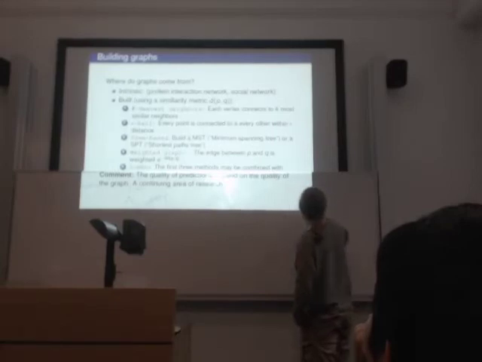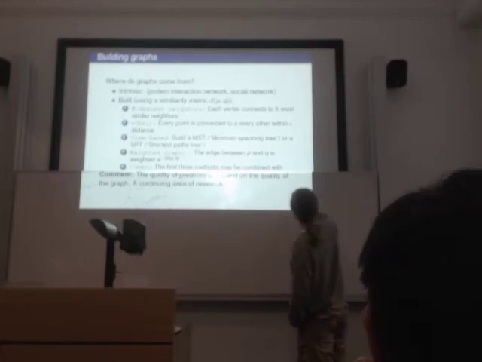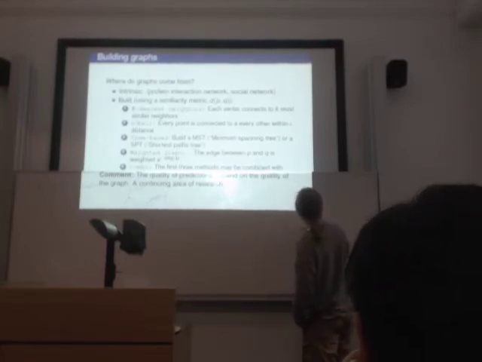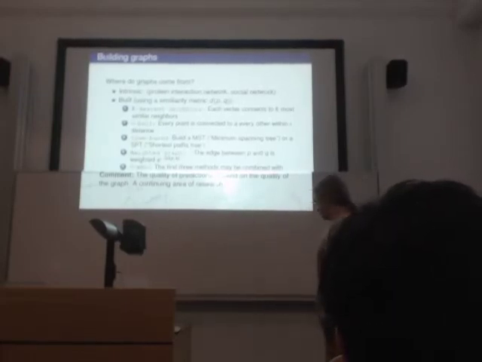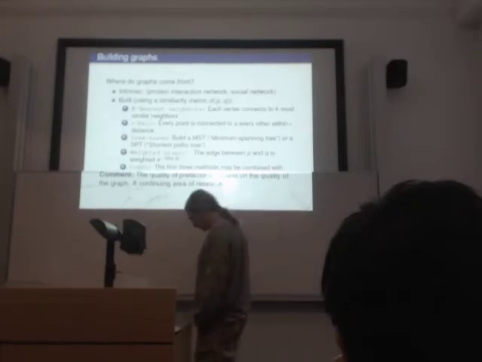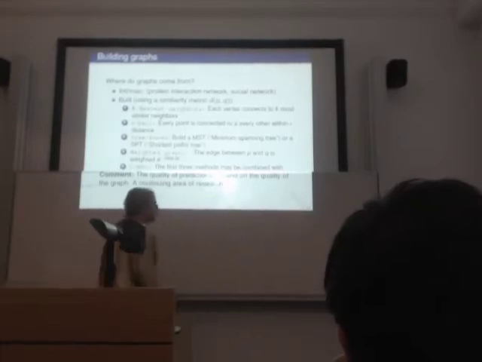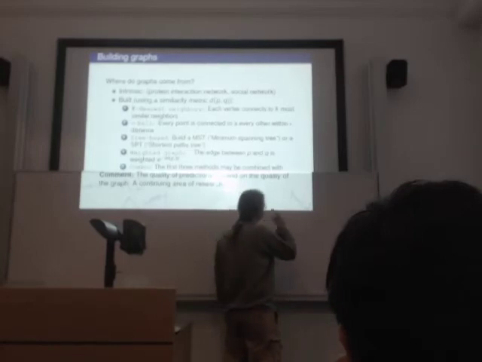Let's say our points are A, B, C, D, and E. We have a set of distances between them. Now, on each edge we have some distance d_ij.